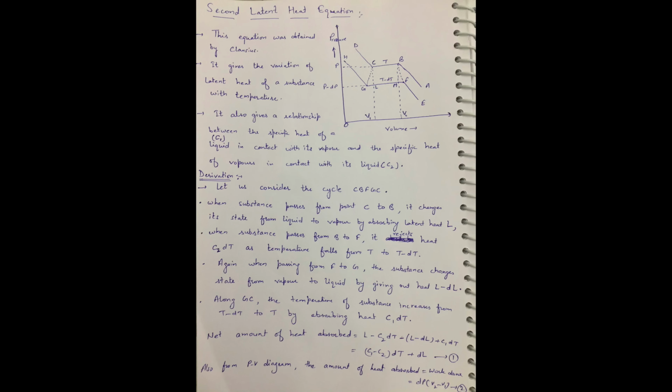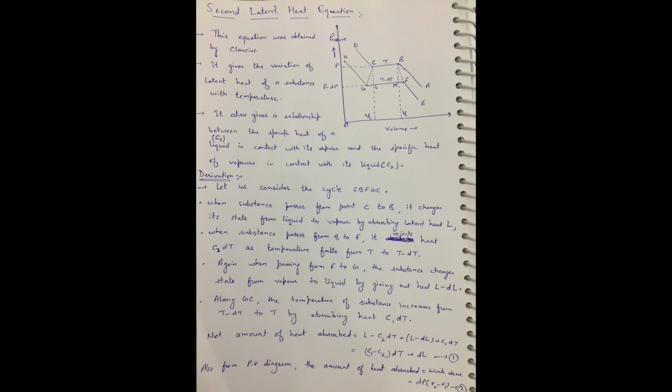Hello students, our next topic is second latent heat equation. First of all, I am telling you about this equation. This equation was obtained by Clausius. It gives the variation of latent heat of a substance with temperature.